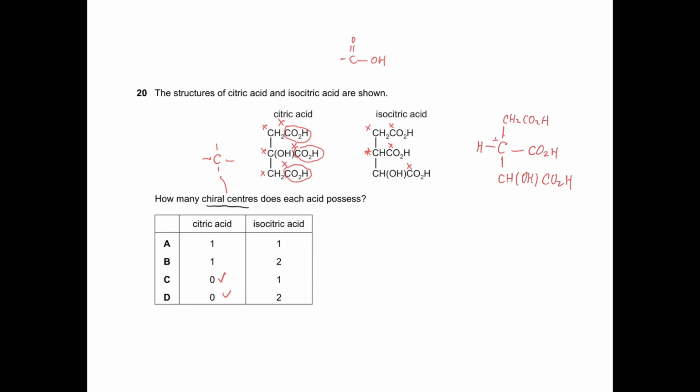So this is a chiral carbon because it links to 4 different groups. So as you can see clearly, let me put a circle. The first one, the second one, the third one, and the fourth one. They are different. So hence, that carbon is a chiral carbon.